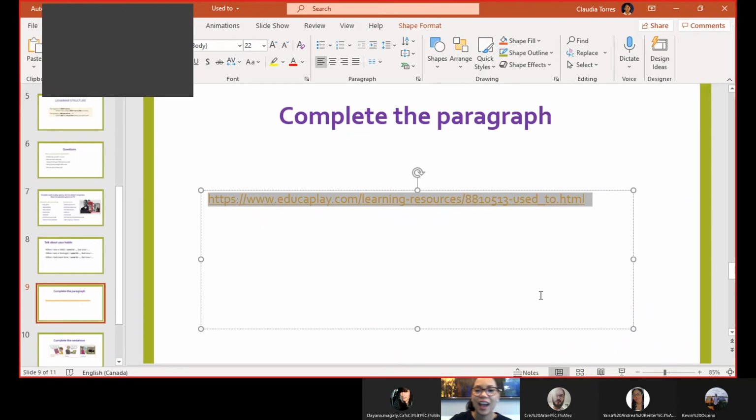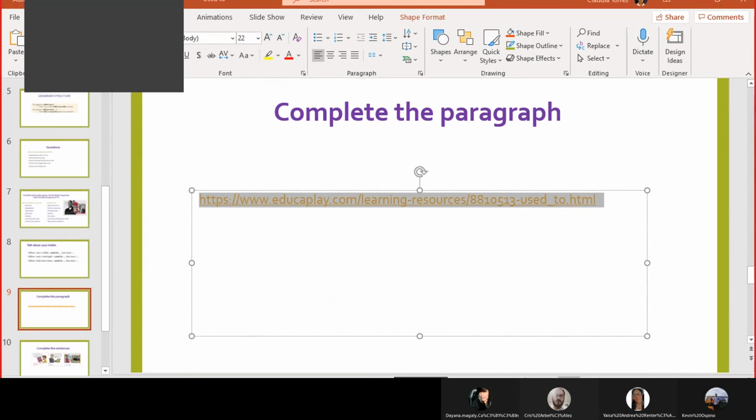Okay, so now I'm gonna show you an activity we're gonna do. So here you have to complete the paragraph, but before that I'm gonna stop sharing my screen because I'm gonna show you how to do it. Later I'm gonna post a link to the chat.